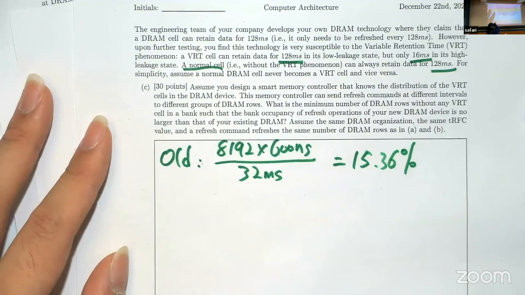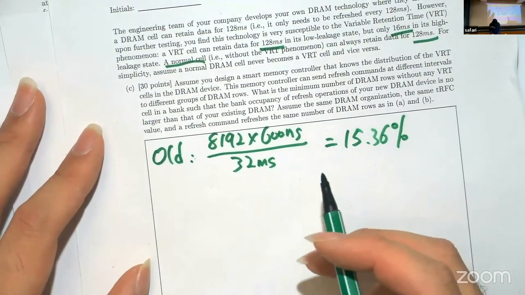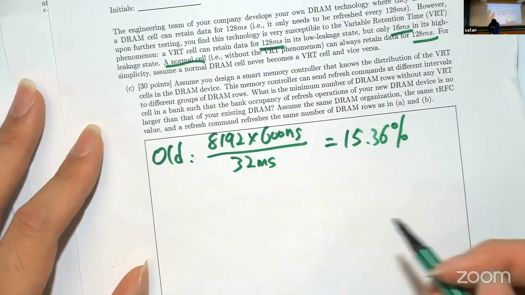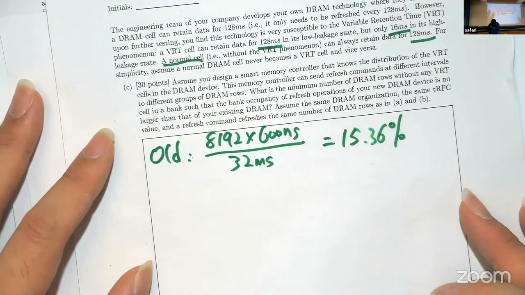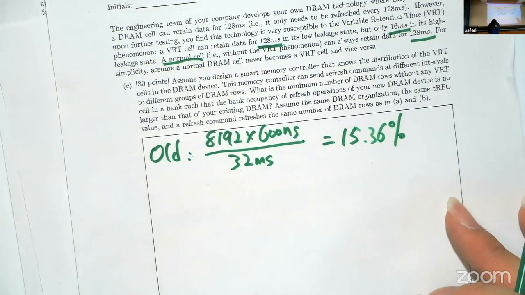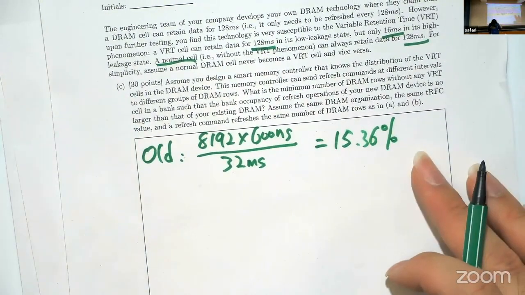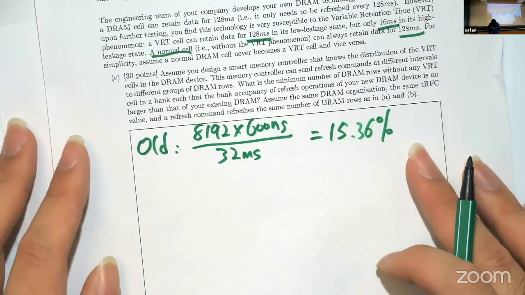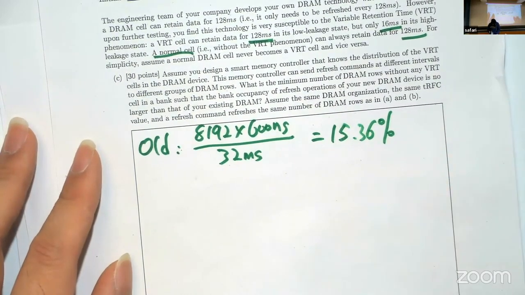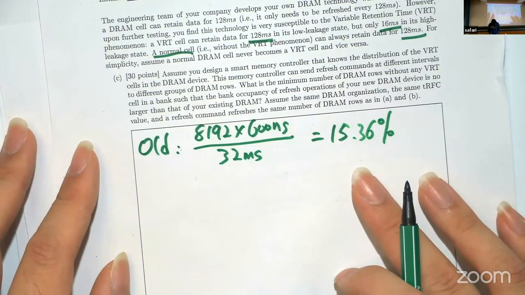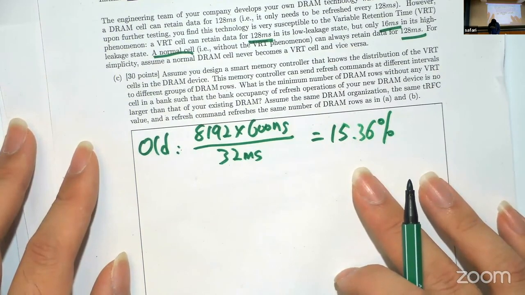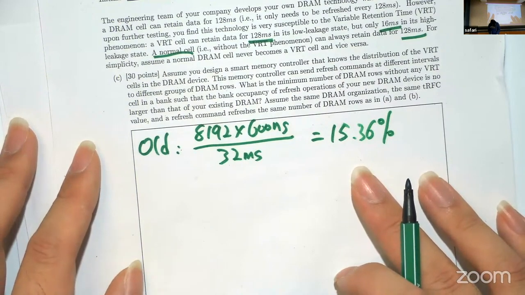Yes, this is correct. So now with this new intelligent memory controller, basically we can send refresh commands to part of the DRAM rows with less frequency.